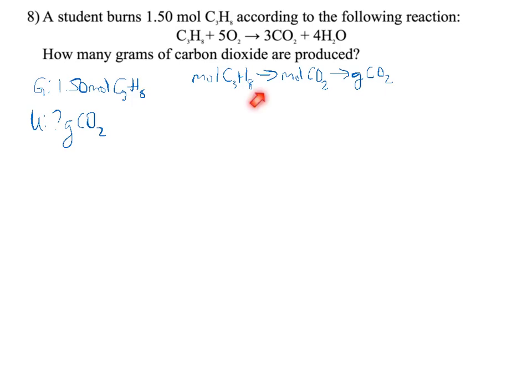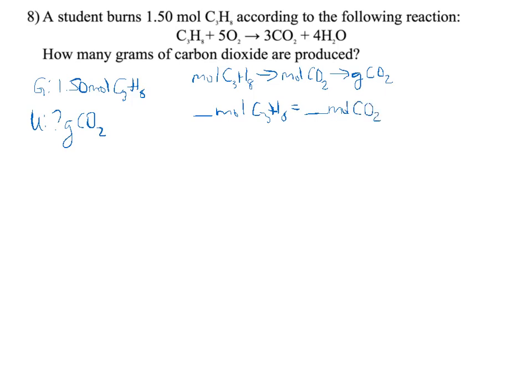Well, mole-to-mole ratios is our coefficients, which is 1 to 3 is our mole ratio. And then, of course, between moles and grams of the same substance is always molar mass. So this is 2 equivalent statements. Blank moles of C3H8 equals blank moles of CO2.